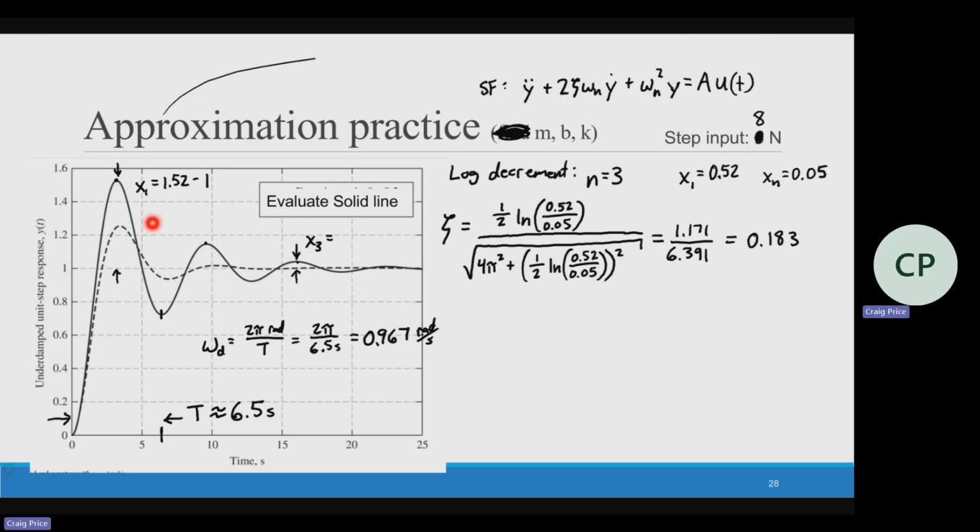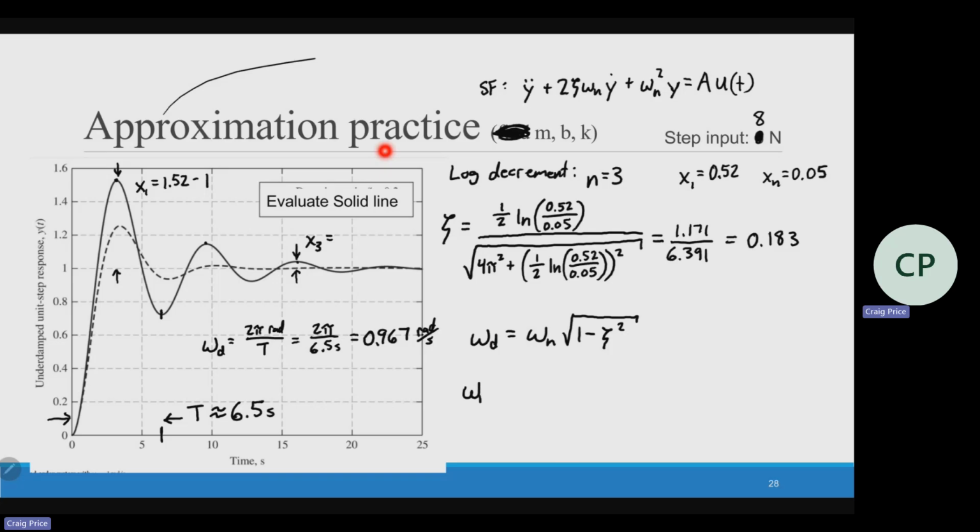Now, on the equation sheet, damped frequency is equal to natural frequency times square root of 1 minus zeta squared. So again, our equation sheet has a bunch of equations where, if it is an underdamped system, we can look at the frequency, settling time, all that stuff. So now we can solve this.